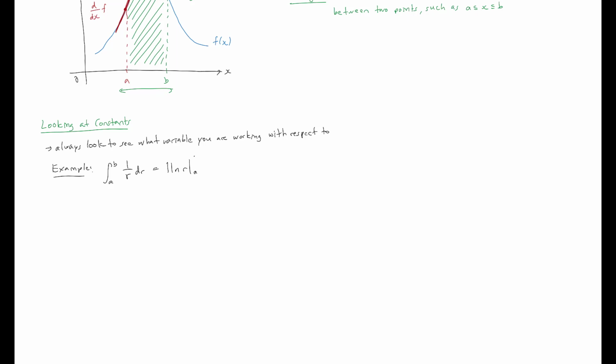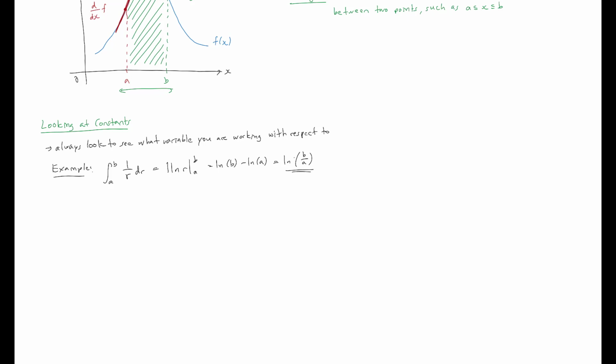And we must integrate from a to b, so this is ln of b minus ln of a. In other words, this is ln of b over a, and that would be our answer.